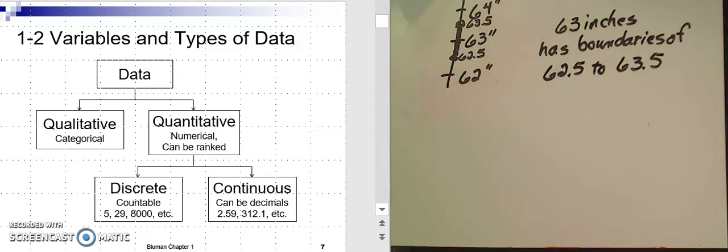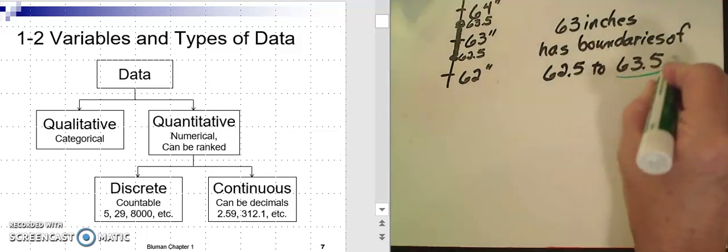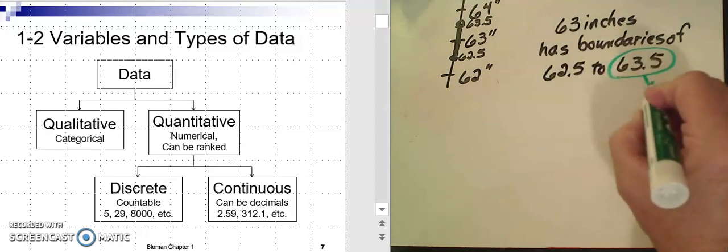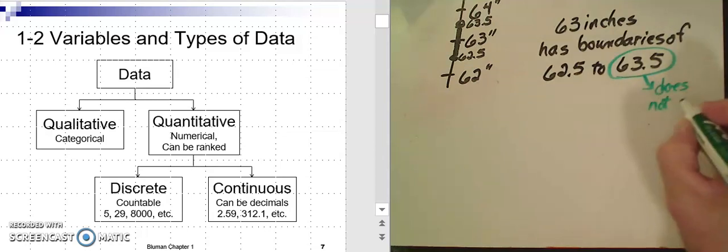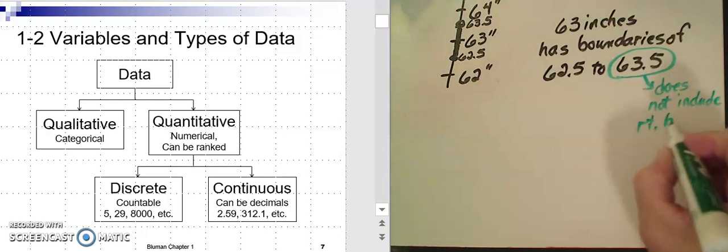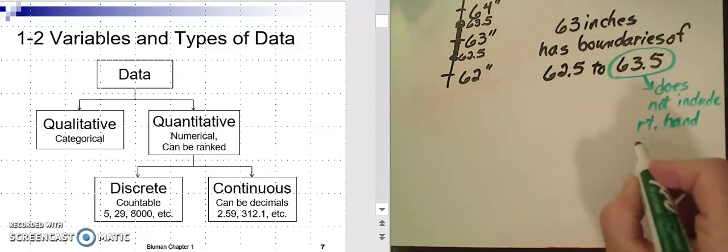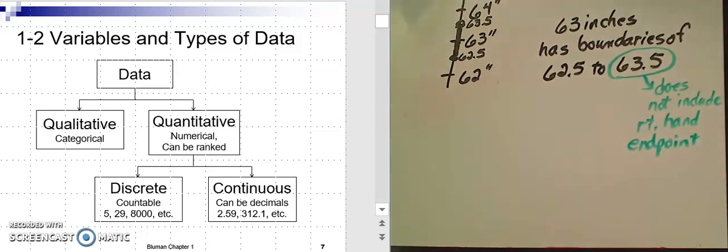Well, statisticians have agreed that when you list the boundaries for a measurement, the right-hand endpoint in your boundary is not included. So you might want to make yourself a little note that it does not include the right-hand endpoint. But you do include the left-hand endpoint.